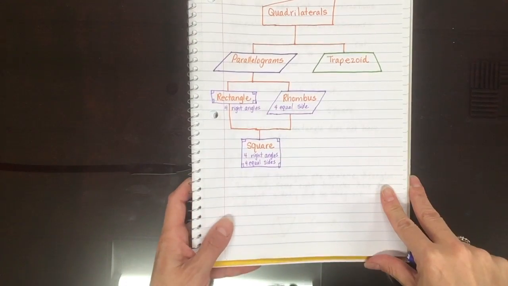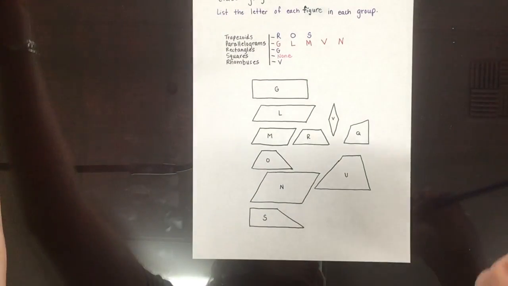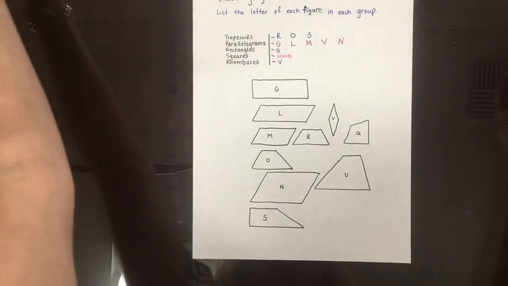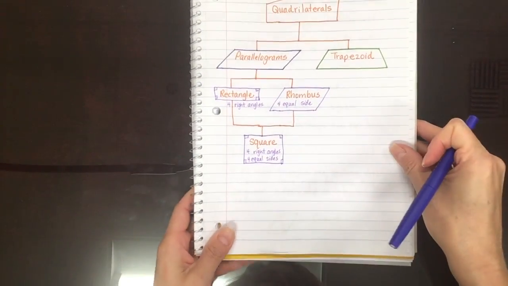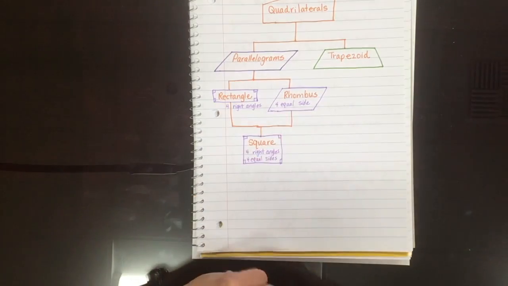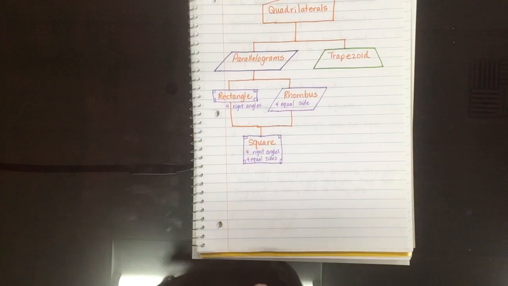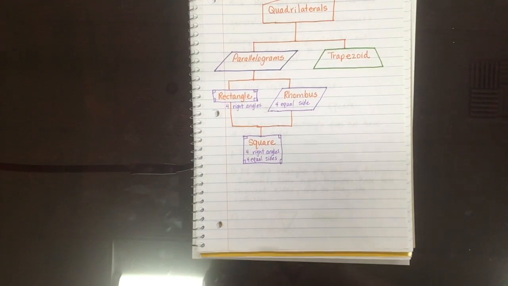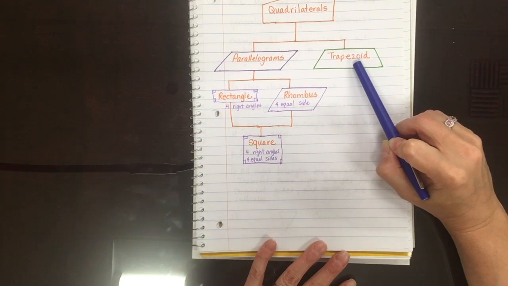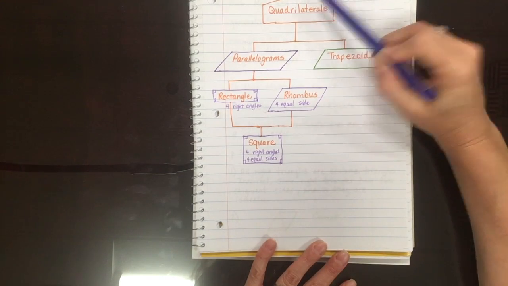Okay, which statement is always false? So then you're going to have a statement there. All squares are rhombuses. Is that true? Yeah, that's true. So you're going to go over each statement and see if you can find the one that's false. All trapezoids are quadrilaterals.